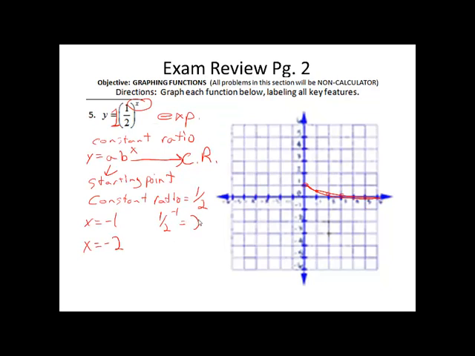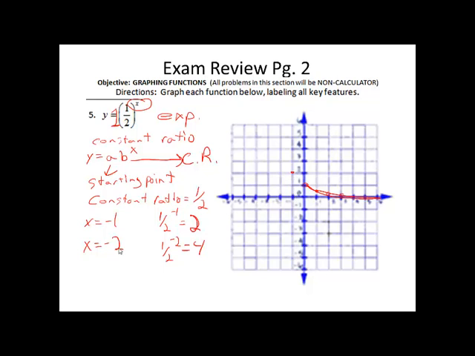Excuse me. That is going to be equal to 2. 1/2 to the negative 2 power is going to be equal to 4. Alright, so we plot that in there. So when x is a negative 1, y is going to be equal to 2. So we plot that point right there.